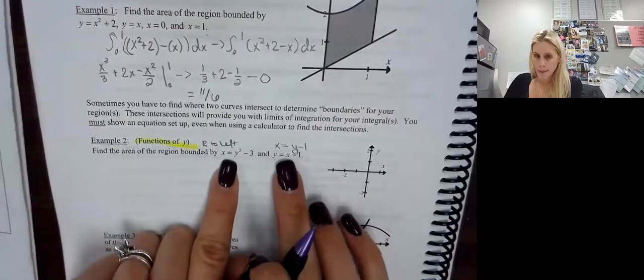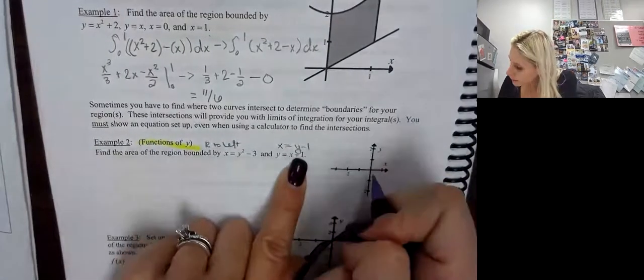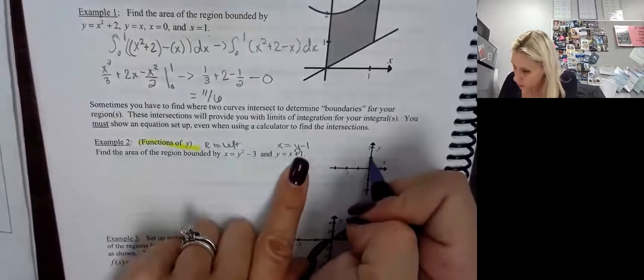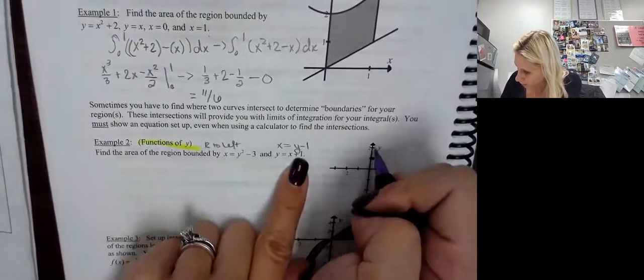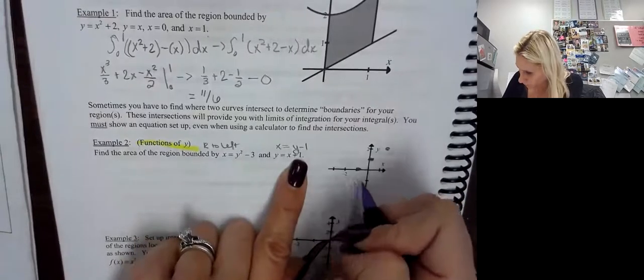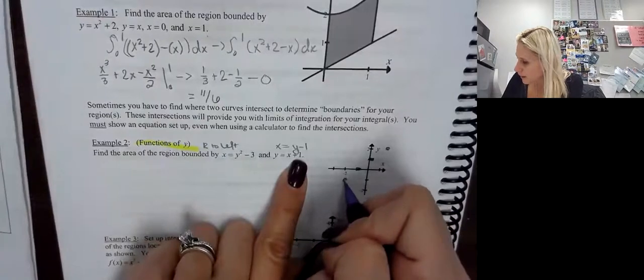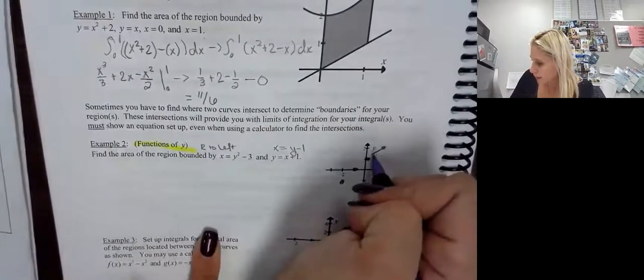But let me graph this in general so we can see what the graph looks like. This is linear. So y intercepts at 1. We go up 1 over 1. Up 1 over 1. Or down 1. I'm going down. There we go. So this is our linear.